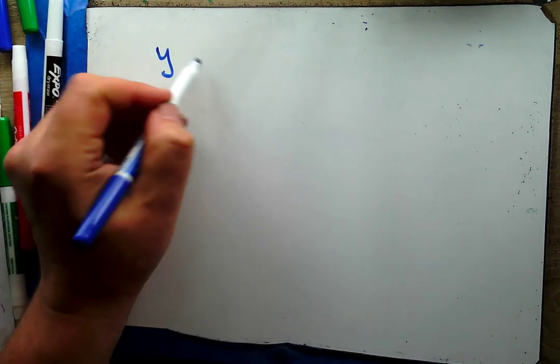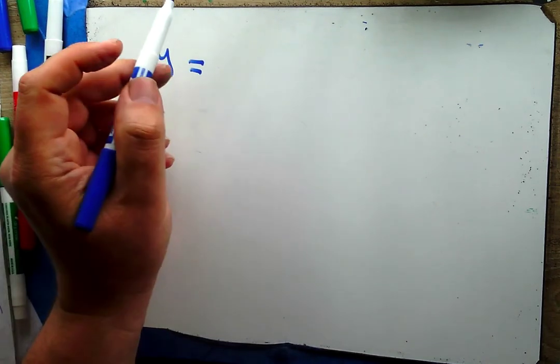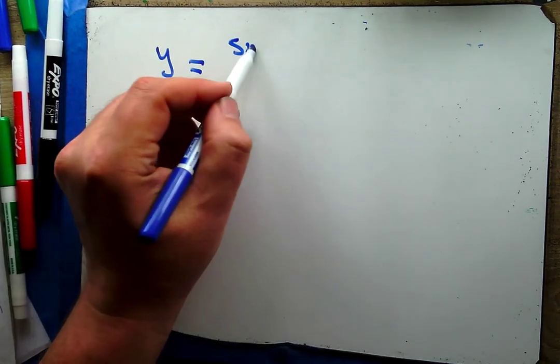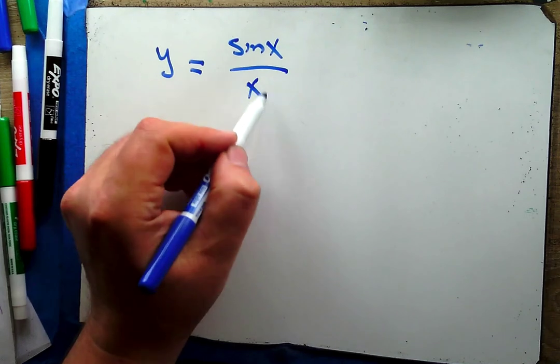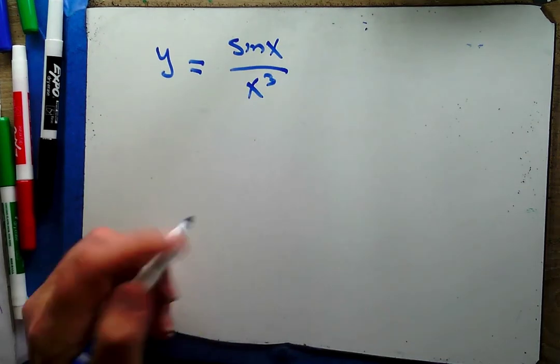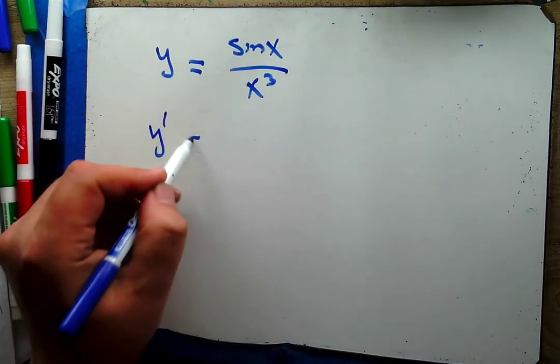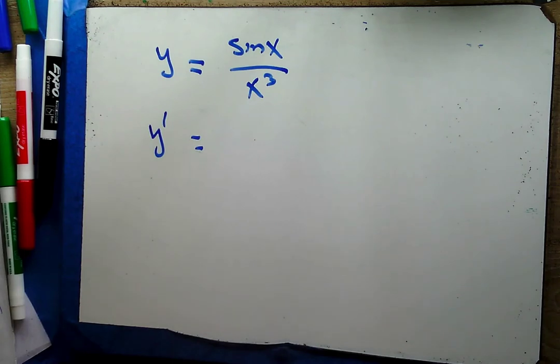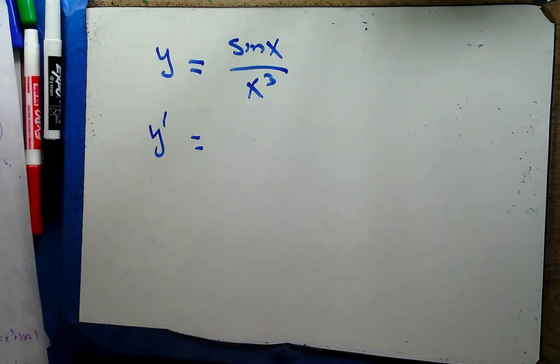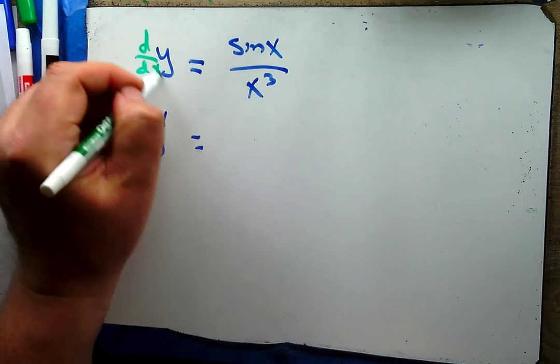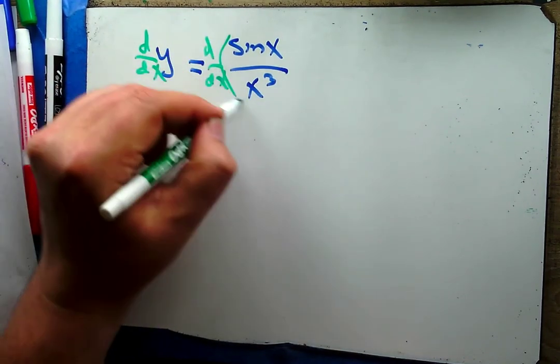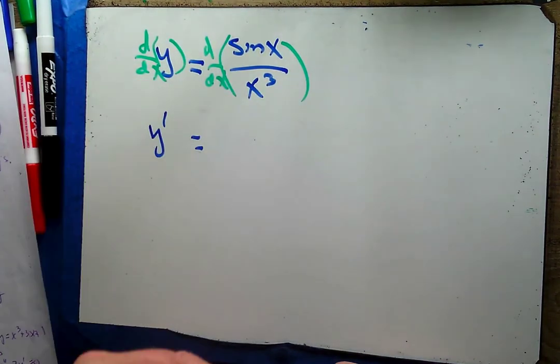Okay, so let's take y equals sine x over x to the third. There's our function. And I'd like to know y prime. So I know I'm supposed to take the derivative of both sides with respect to x. Well, what does that look like?